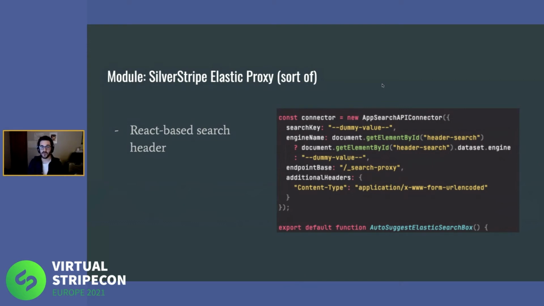Now, if you're doing that through React, through JavaScript, the traditional way would be to pass through your credentials in order to query the Elastic engine. But we didn't want to do that. We didn't want to expose those credentials, because if someone with evil intentions decided they wanted to slam our Elasticsearch instance, then they could hijack that request and make a lot of requests.